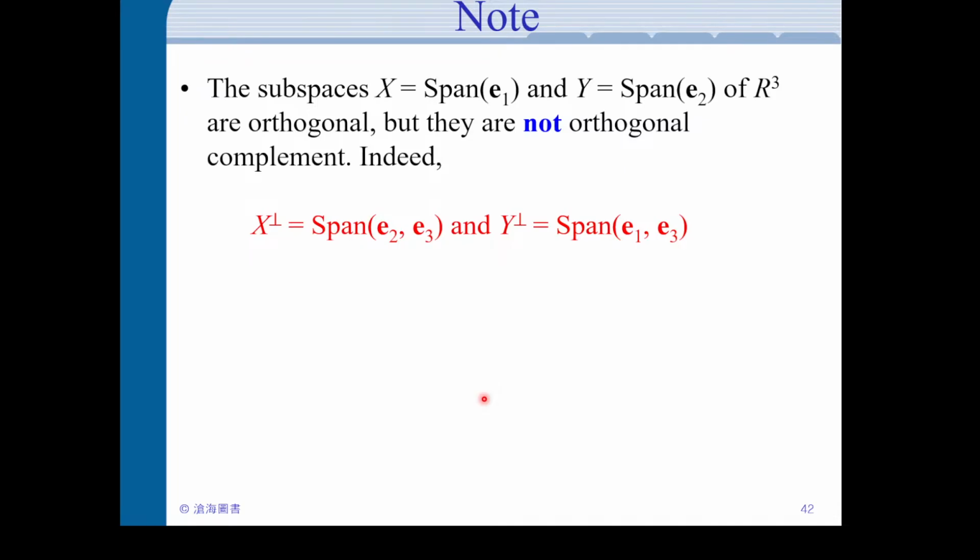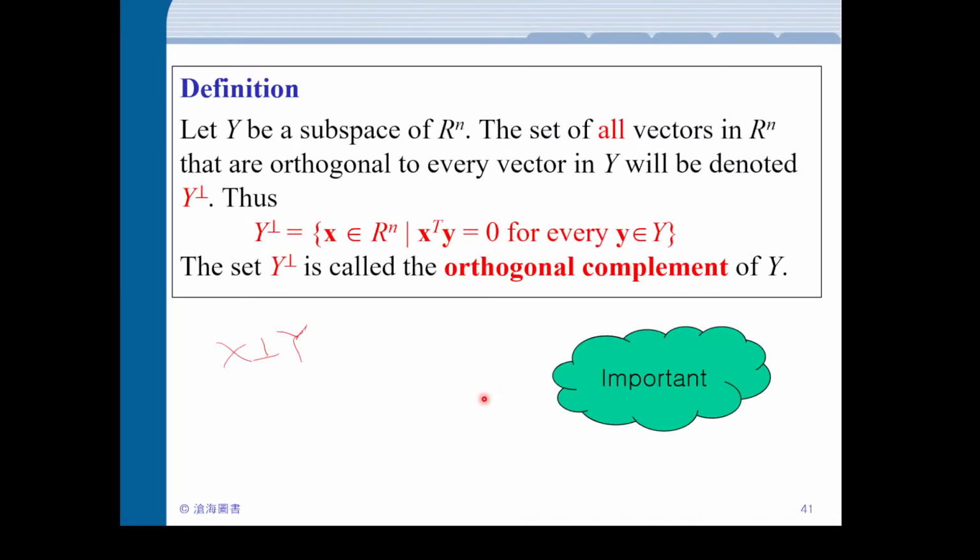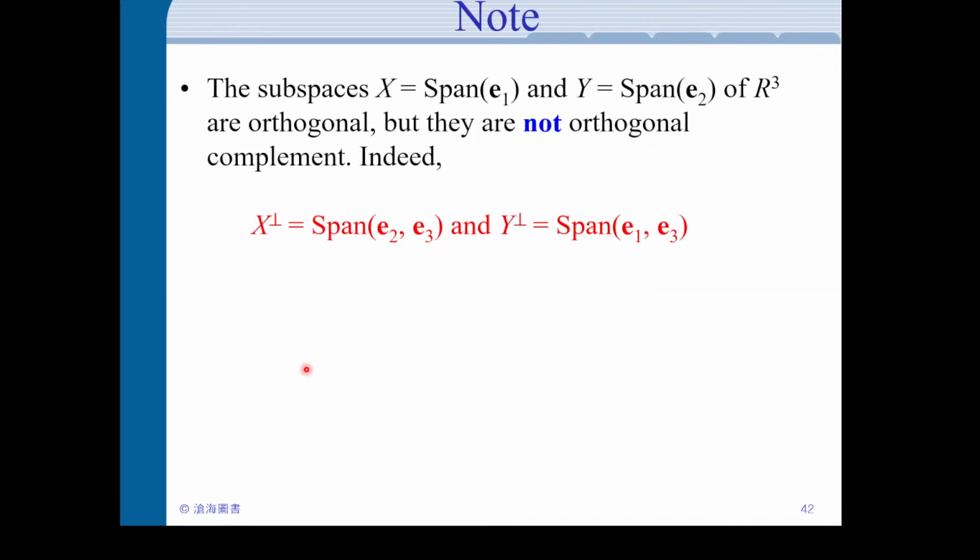First, if two subspaces are orthogonal to each other, they are not necessarily orthogonal complements. Orthogonal complement is a very special subspace that's orthogonal to y. Here is a counterexample. You can have two subspaces in R3, and let's draw a picture because it's nice to draw a picture in R3.